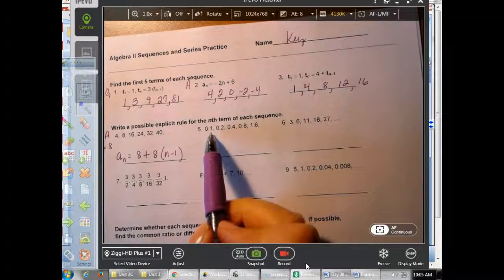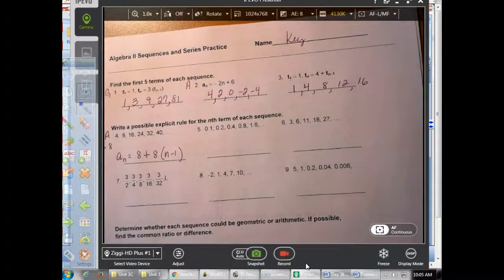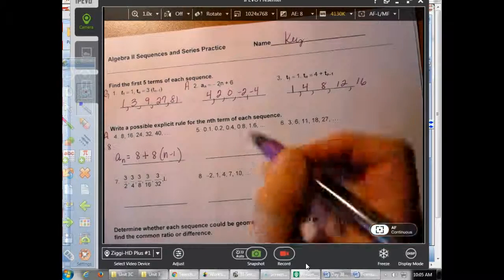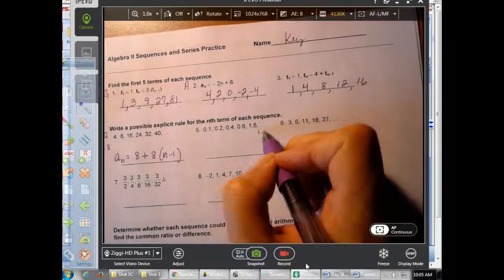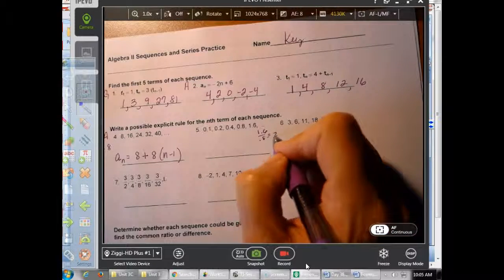Now, on the next one, it appears that maybe I'm multiplying by 0.2 every time. How would I figure that out? I'd actually do division. I do 1.6 divided by 0.8. So it's actually multiplying by 2.